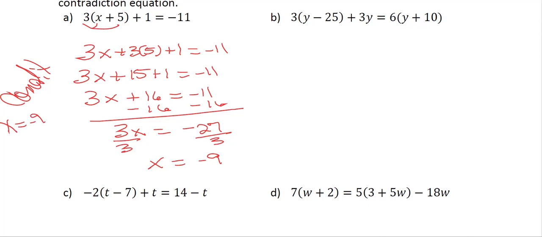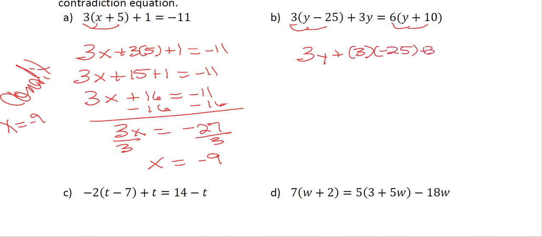Let's do B. B says we got this 3 multiplied to this parentheses, and in the parentheses they're not like terms, so we can't combine them. Then I have this 6 times these parentheses, so let's go ahead and distribute. I have 3 times y. I have a +3 times that -25.